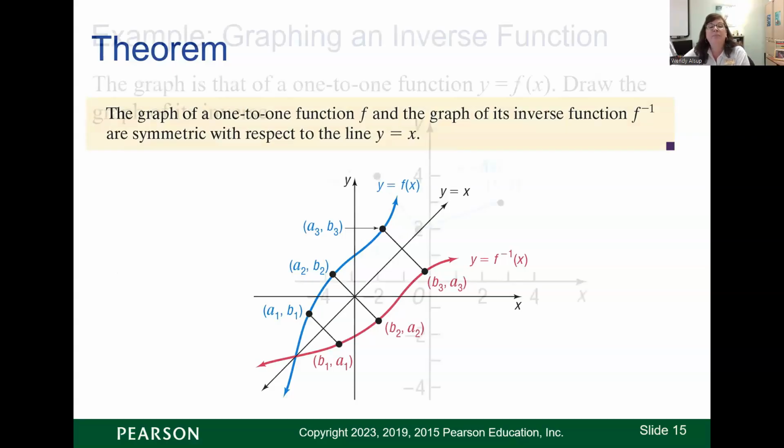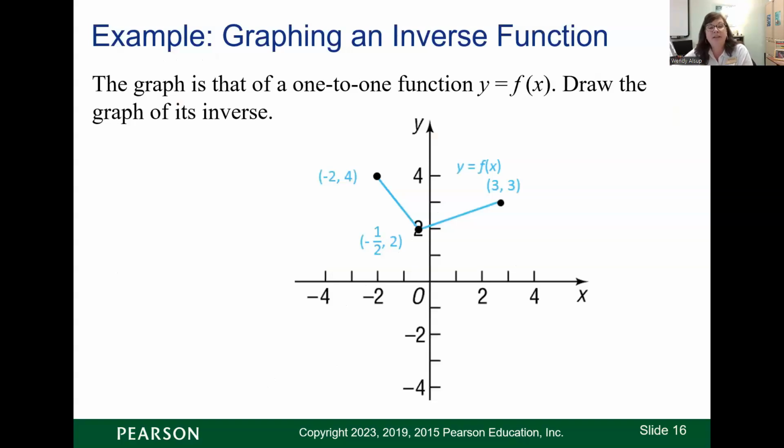Let's do that with real numbers real quick. I've got just 3 points and it's 1-to-1. I am just going to flip it across the line y equals x, and all I have to do is switch the x and y values.